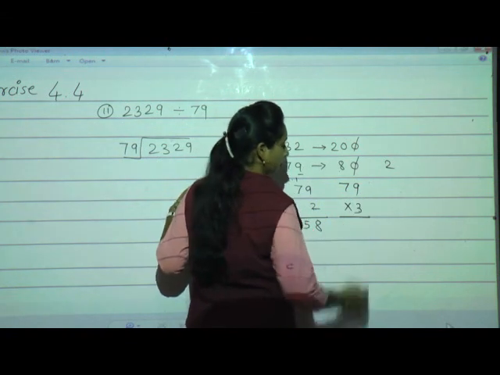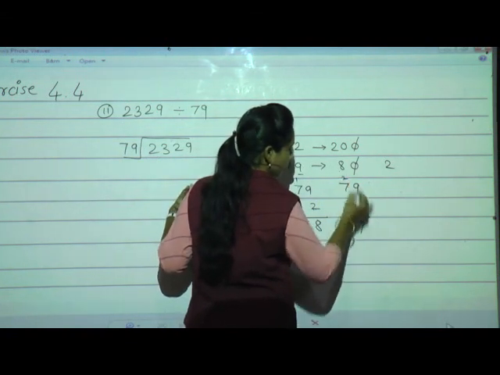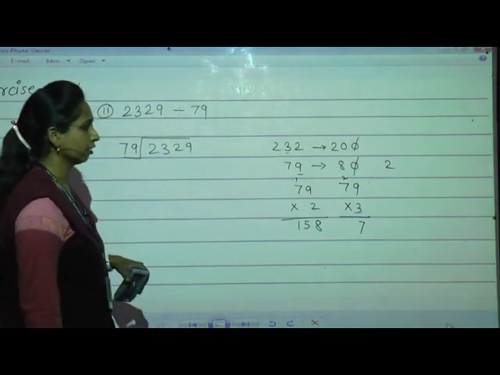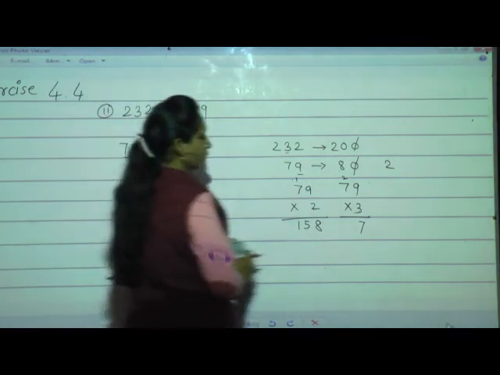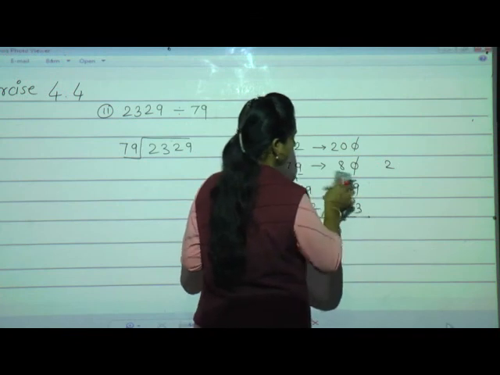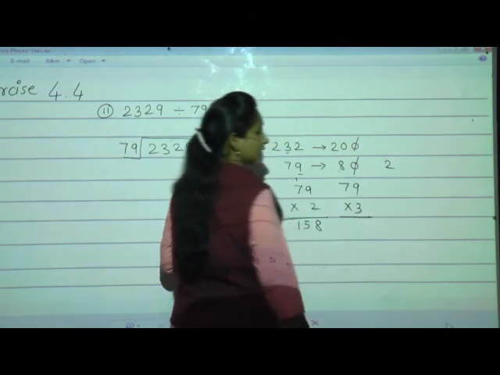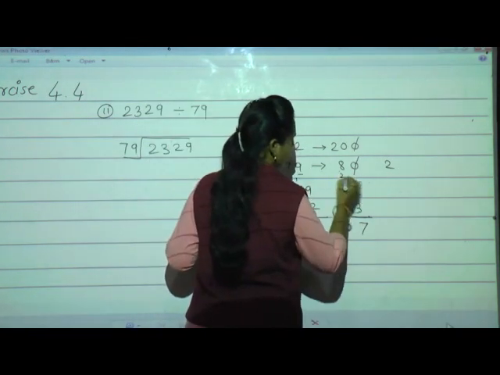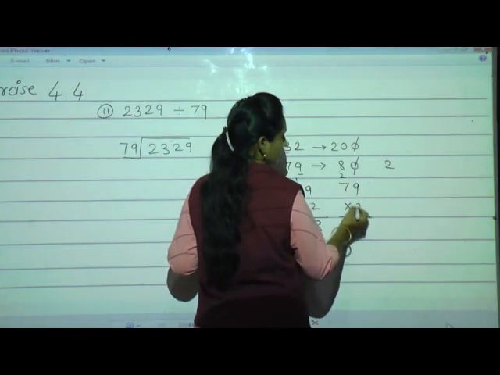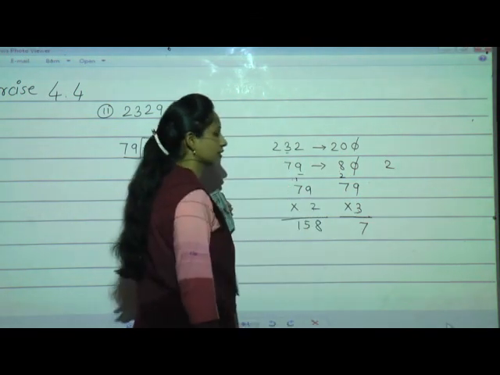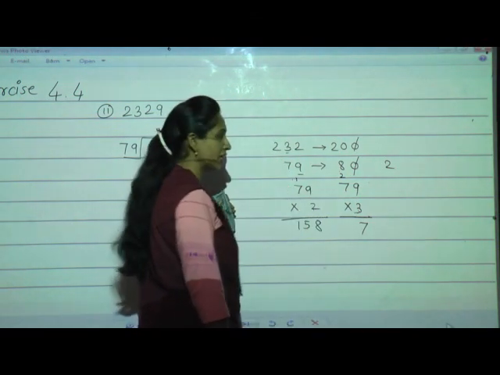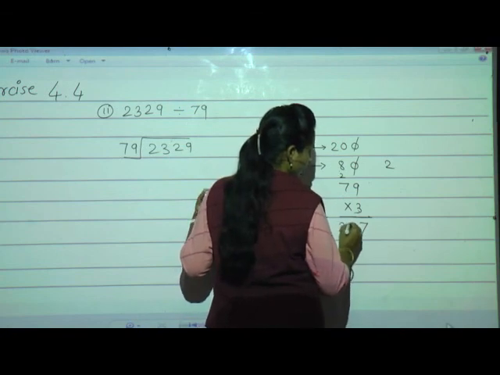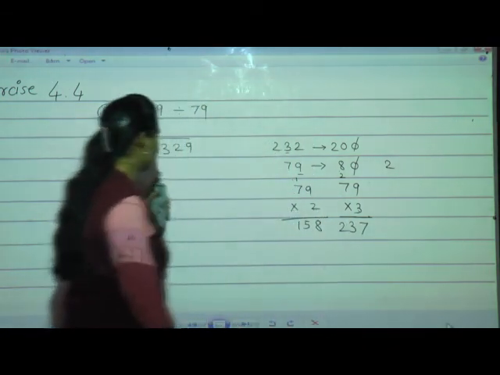3 nines are 27. 3 sevens are 21, 21 plus 2, 23.